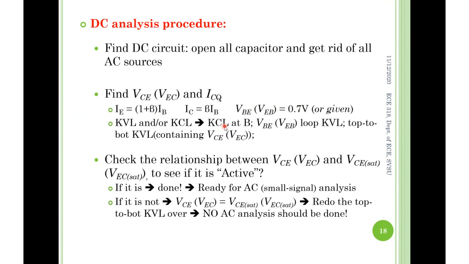However, the voltage divider was easier, right? But now the voltage divider cannot be used. Instead, you have to use KCL to find VB. And after finding VB, you go to the VBE loop KVL, just like the VGS KVL in the MOSFET. And then you also need a top-to-bottom KVL containing the VCE.